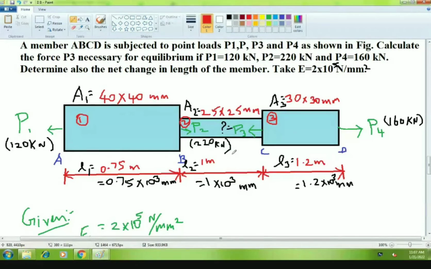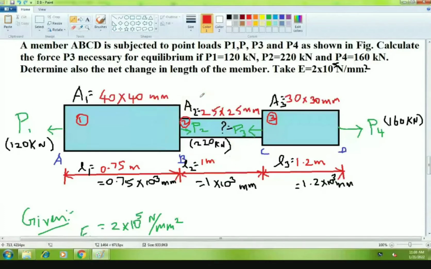In the second component, two forces are acting in this area. I can put red color. Just observe that one circle. P1 and P2 are acting there. At point B, two forces acting, P1 and P2.